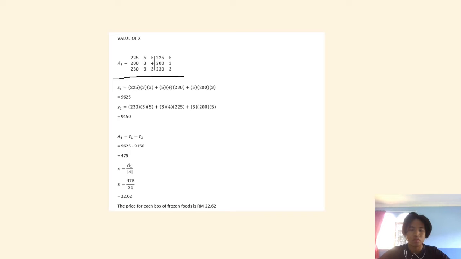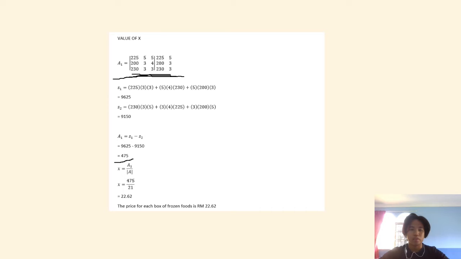Using Cramer's rule, A1 equals this matrix, and from this we must also find the values of S1 and S2, and we get S1 is 9625 and S2 is 9150. So we subtract these two, S1 minus S2, to get the determinant of A1.